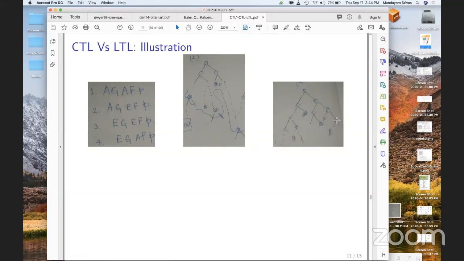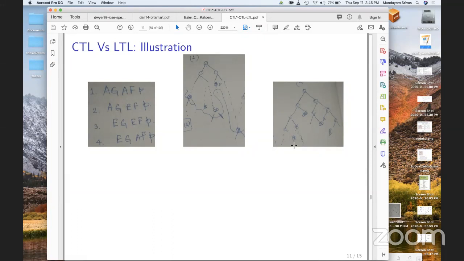So the rightmost path is what I'm referring to. Although none of the states there might satisfy P, or that path itself may never have a point at which P holds good, still AG of EF of P is true, because each of those states does have a path on which P eventually becomes true, okay? So that's what you have to ensure.